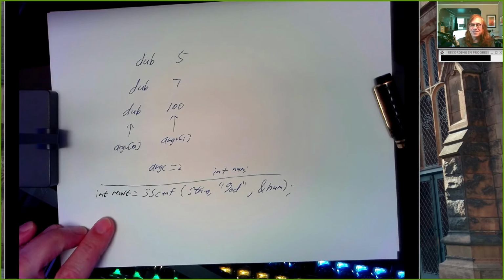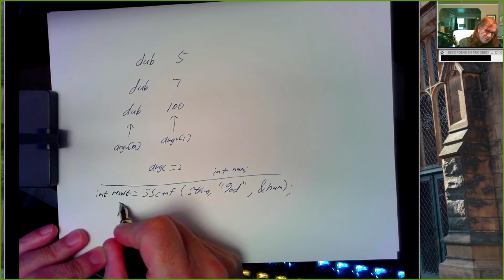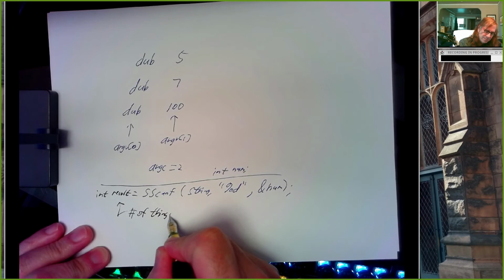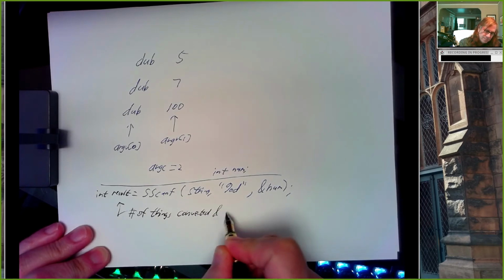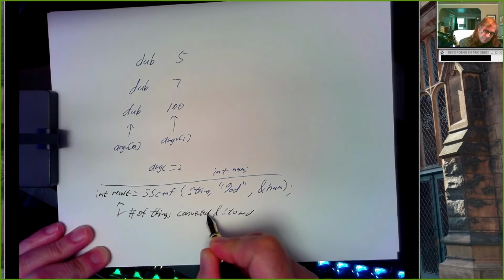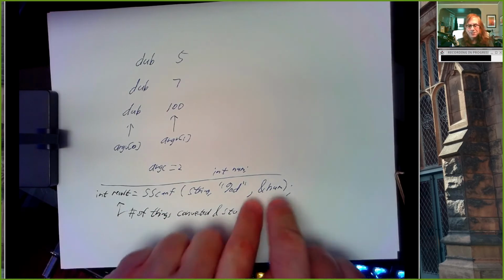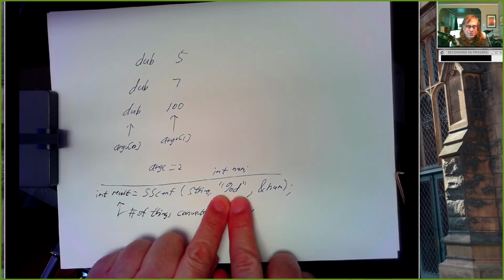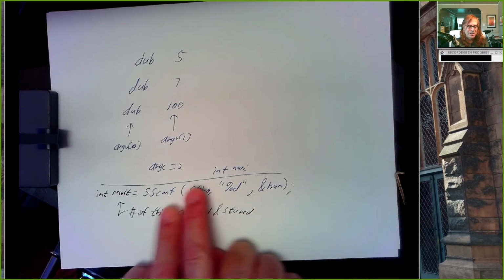What kind of day did sscanf have? And this result is always the number of things converted. This tells me the number of things that sscanf converted and stored into variables. So if I'm asking it to convert one integer and store it in one integer variable, if that works, sscanf should return a 1.